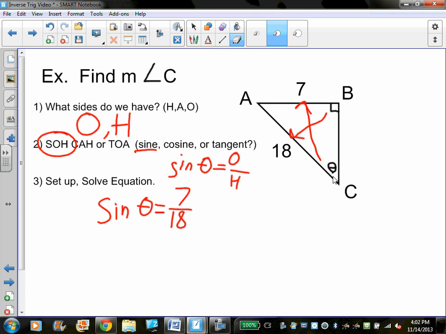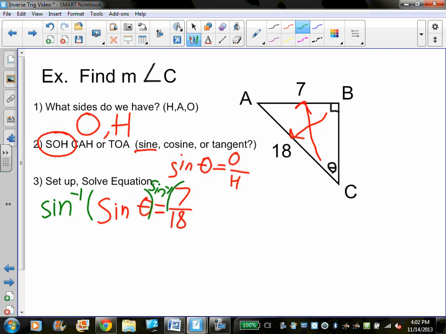There's actually a button on your calculator that does that. The inverse of sine on your calculator is most likely going to look like what I'm about to write in green. It's going to be sine with a -1 in the upper right-hand corner. So what we're going to do is take the inverse sine of both sides.